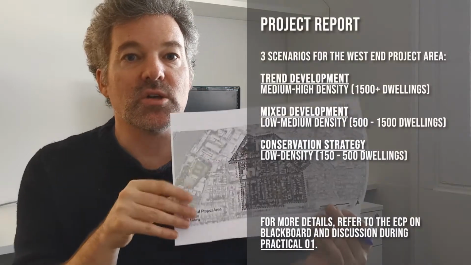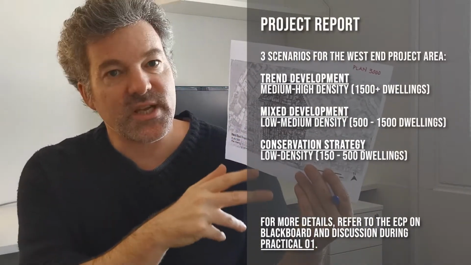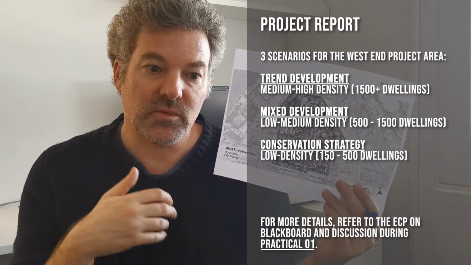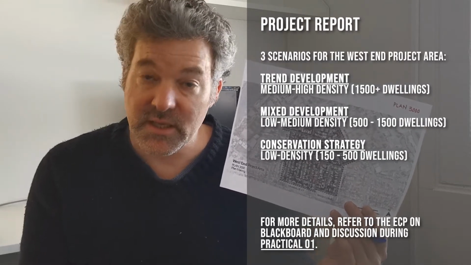The city plan is predicting an increase of population in the area, so your plan will have to accommodate growth as well. But we will give you the choice to have three scenarios. So not a lot of change, which means keeping the low density.